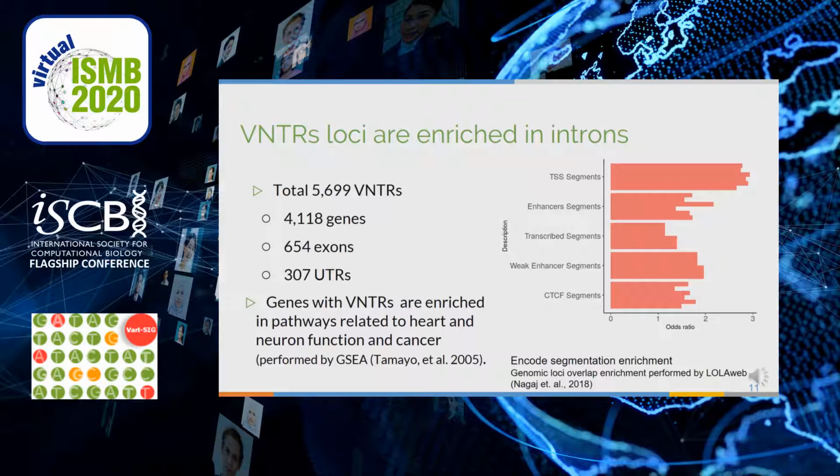And you can see that when looking at the ENCODE segmentation enrichment, our VNTR loci are enriched inside enhancers and weak enhancers, and also CTCF segments. All of these have p-value less than 1%, and the odds ratio is greater than 1. And CTCF segments, as you know, are responsible for chromatin organization.